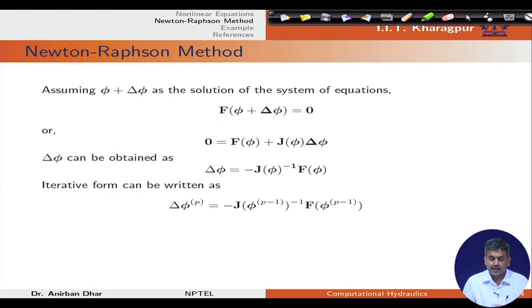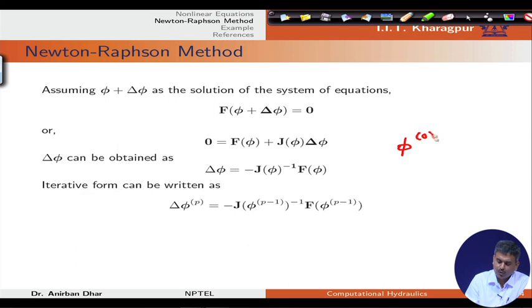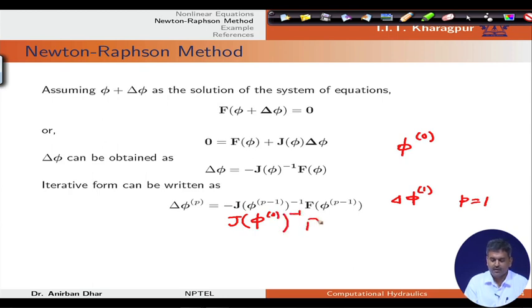Let us say that we are starting from phi 0 point, and for the pth or first one, that means at first iteration we need to calculate this del phi 1. So, if p equals 1, obviously this J matrix should be evaluated at phi naught. At first iteration we should take the inverse times this f of phi 0.